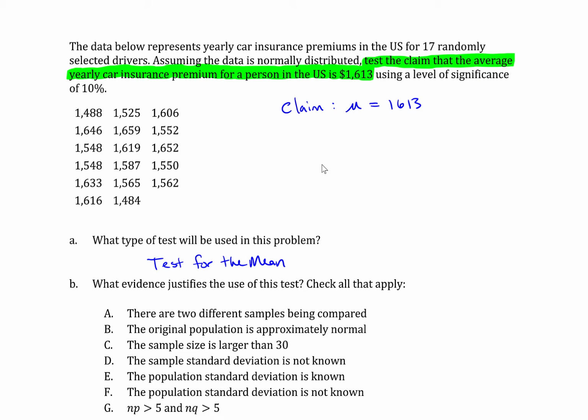At no point were we given a population standard deviation. We could derive a sample standard deviation from the sample data, but we don't have a population standard deviation, which means we can't use the normal distribution, so we use the t-distribution instead.